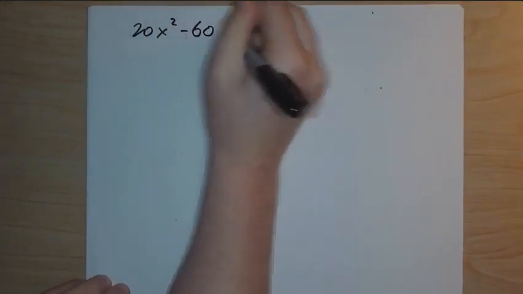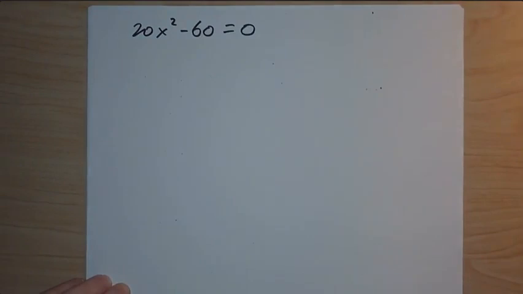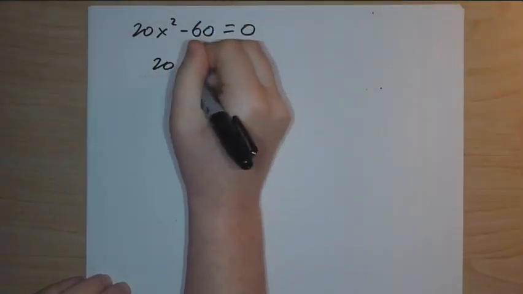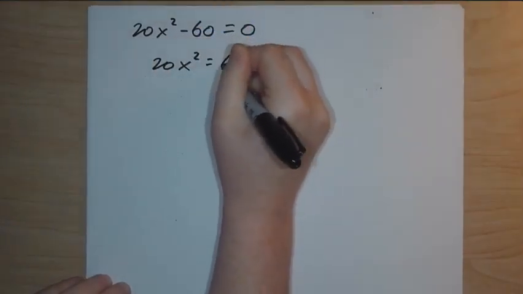So I'm going to do that. So we have 20x squared minus 60 is equal to 0. We can either plug this into the quadratic formula, or we can just solve it as it is. If we add 60 to both sides, we have 20x squared is equal to 60.